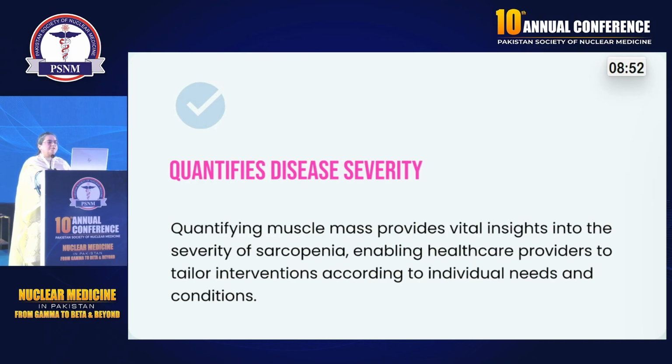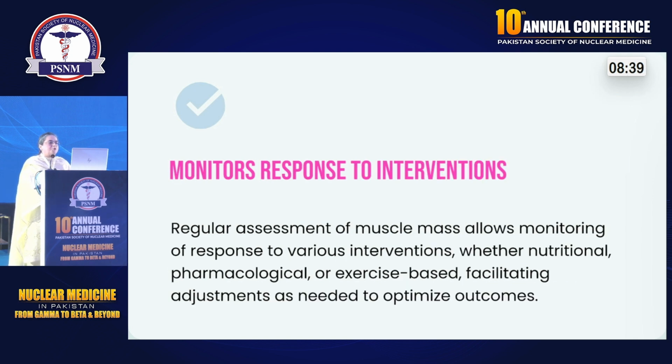So it quantifies disease severity, and after determining the sarcopenia and giving interventions, we can determine the muscle mass quantity. Monitor response to interventions, as I already told, like pharmacological, exercise-based, and nutritional interventions, can be determined by using these DEXA-derived indices.